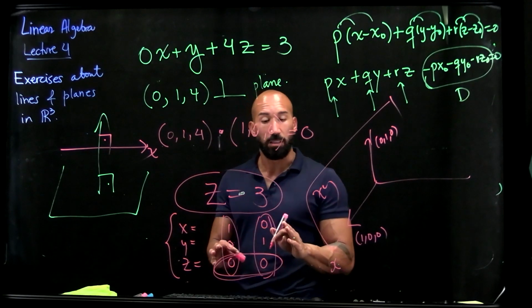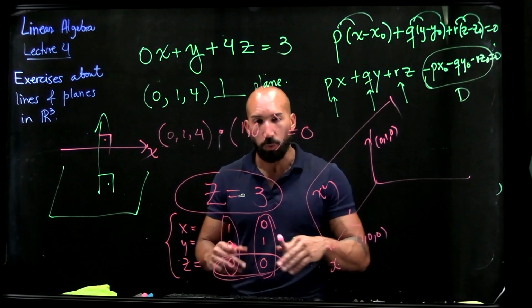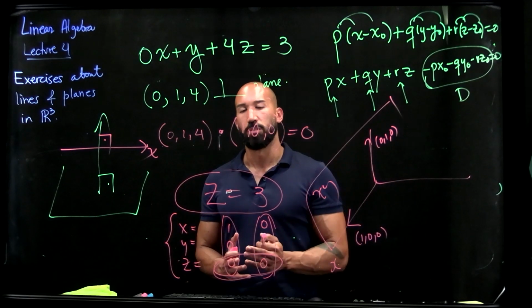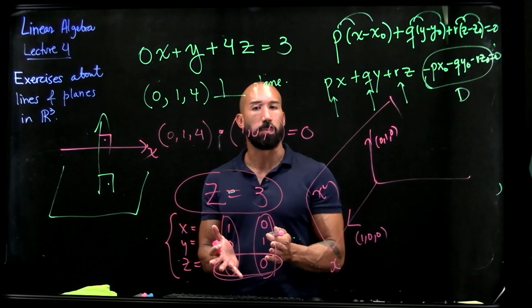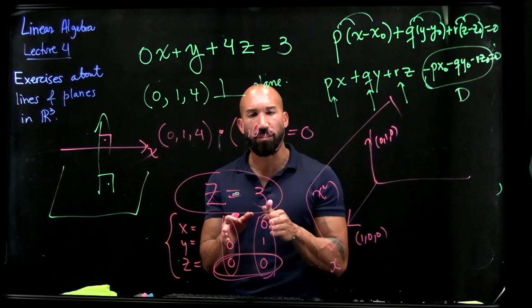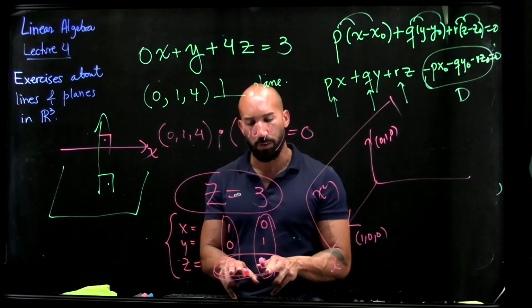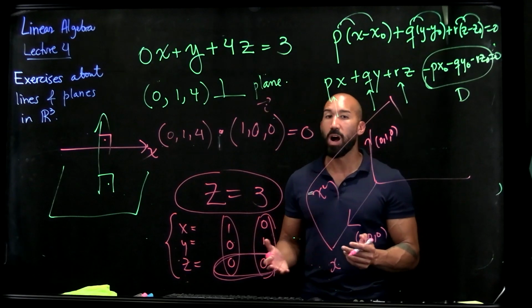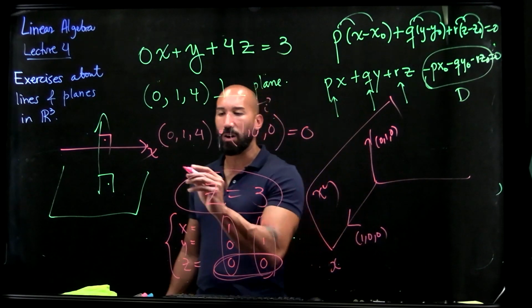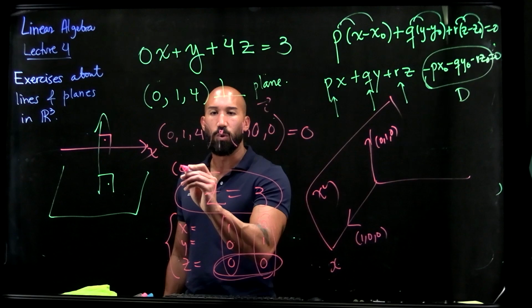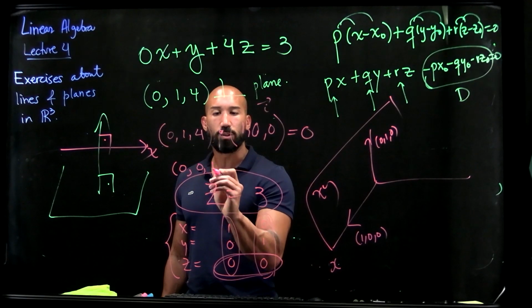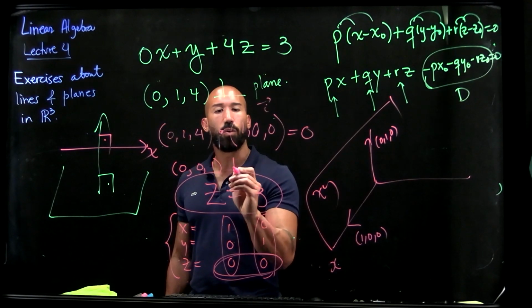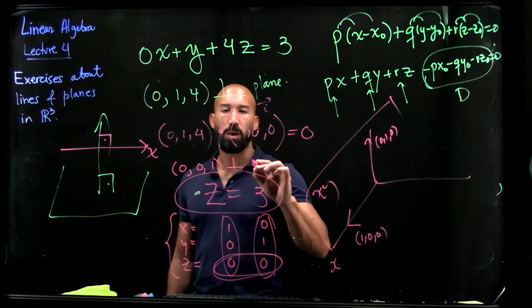So that means that we are not forced to use these two vectors. We can use any two vectors that are parallel to my plane. And what this is telling us is that whichever two parallel vectors we write here are going to have the third component equal to 0. And why? Because now this means that 0, 0, 1 is orthogonal to my plane.